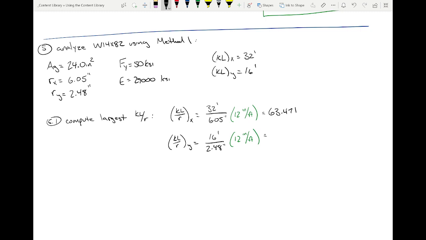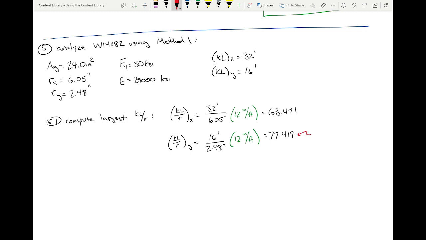Hold on. You might want to check that. You probably used 32 feet? Yeah. Okay. What does this tell me? Which axis governs? The weak axis or the strong axis? The weak axis.